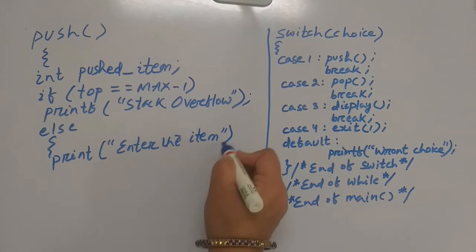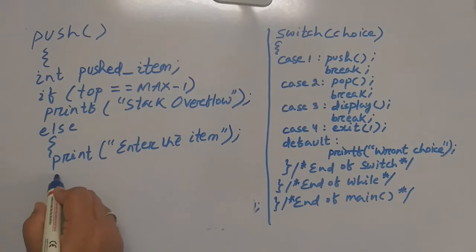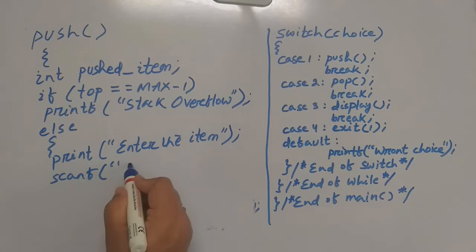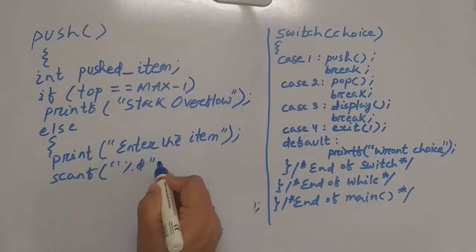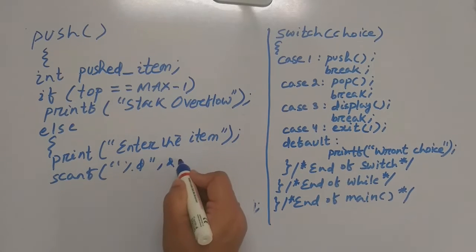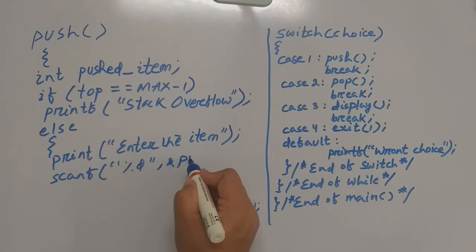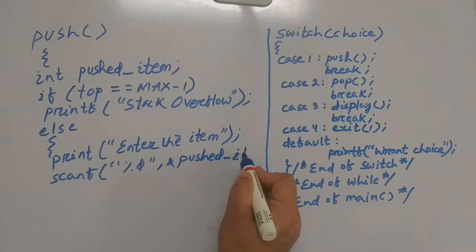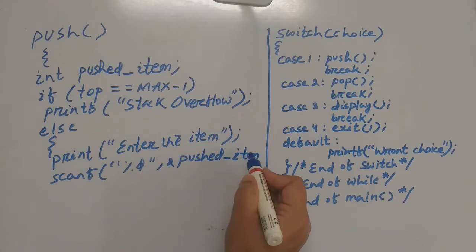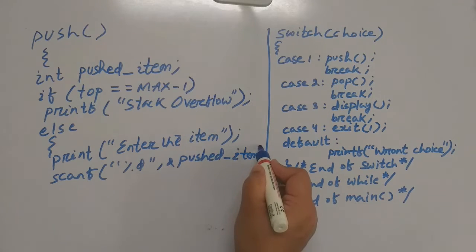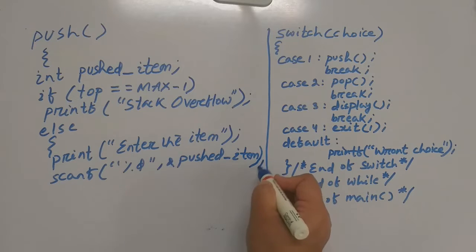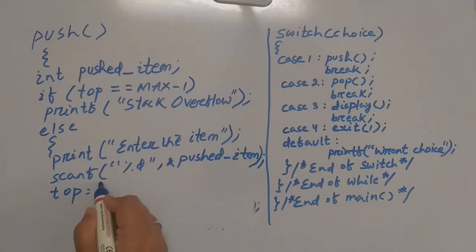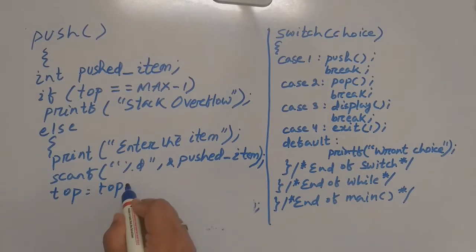Whatever item you want to enter, you write this, then scanf. Here you scan that item, so post item, because the variable name I am writing is post item, within the brackets. Then top equal to top plus 1.